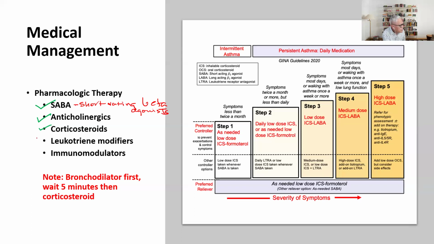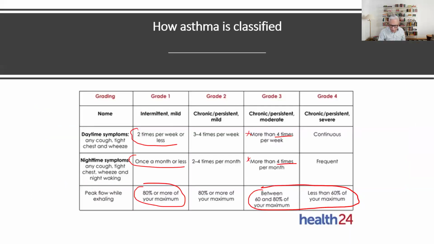The other types of medications that we use for patients with asthma are leukotriene modifiers. So if you remember in the beginning of my discussion, one of those inflammatory mediators that we had talked about included histamine, as well as prostaglandins, and also leukotrienes.